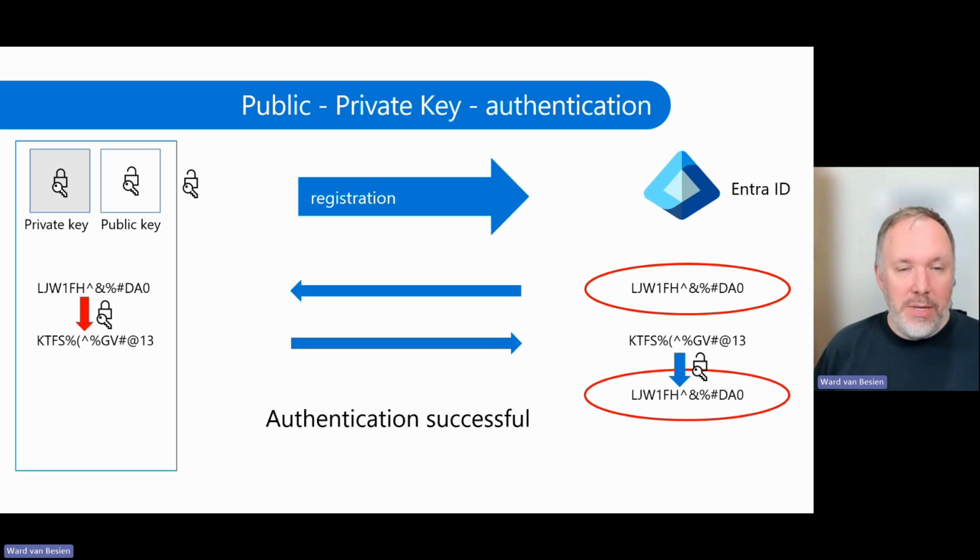Well, it's not random, it's the encrypted version of the nonce that we received. We send that back, and now Entra ID is going to decrypt it with the public key that it has. If it decrypts successfully and both have the same value, then your authentication is successful. This technique is used by passkeys, by FIDO2, and by Windows Hello for Business. Certificate-based authentication works the same way. So this is a very, very common technique.